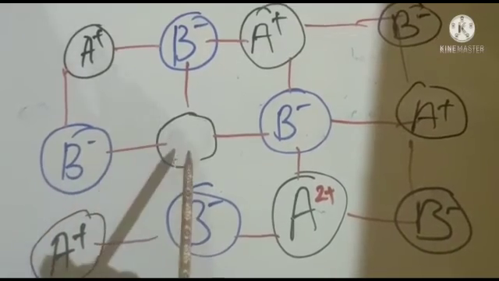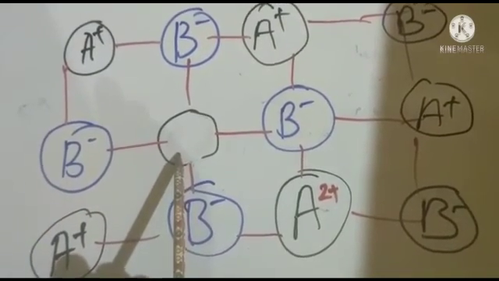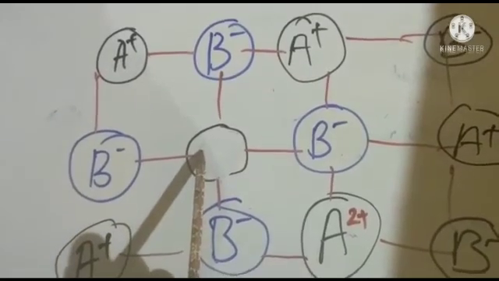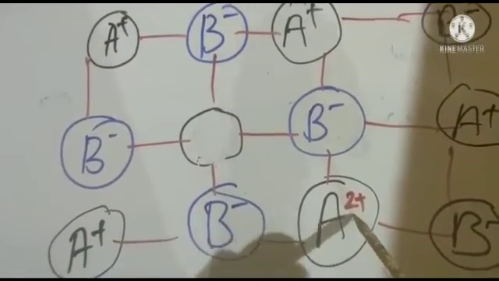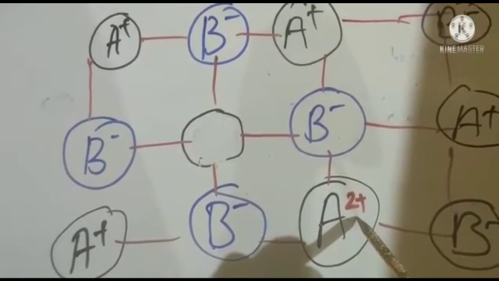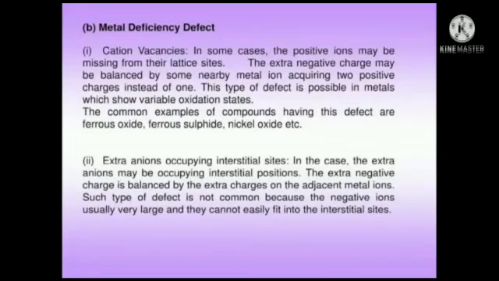In this case, a cation is missing from the lattice and the charge is balanced by the presence of extra charge on an adjacent or neighboring atom. The defect is commonly shown by transition metals with variable oxidation states. Common examples are ferrous oxide, ferrous sulfide, nickel oxide, etc.